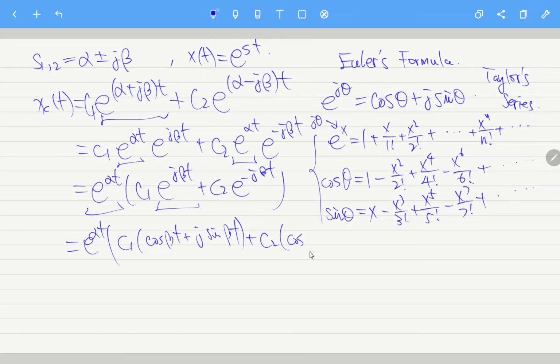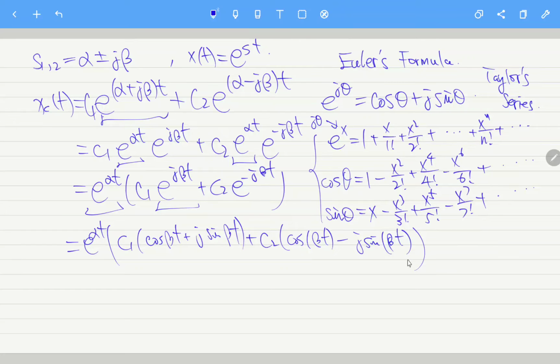Cosine is an even function, so cosine beta t minus j sine of beta t. Originally should be plus j sine of negative beta t, but sine is an odd function, so the negative sign just comes out, so we have something like this.